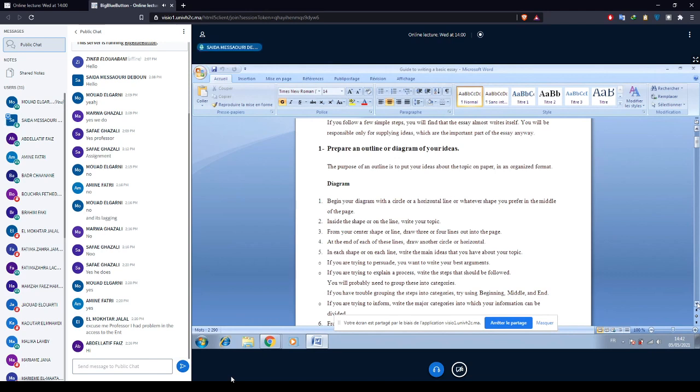Of course, and this is what I want from you on the day of the exam, I want an outline. The purpose of an outline is to put your ideas about the topic on paper in an organized format. I know that if I do not give an outline, students do not work with an outline. You are obliged to use an outline.